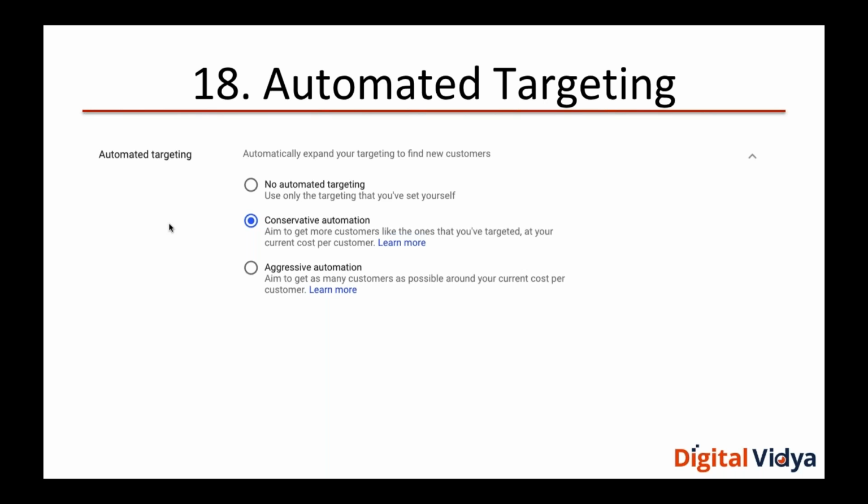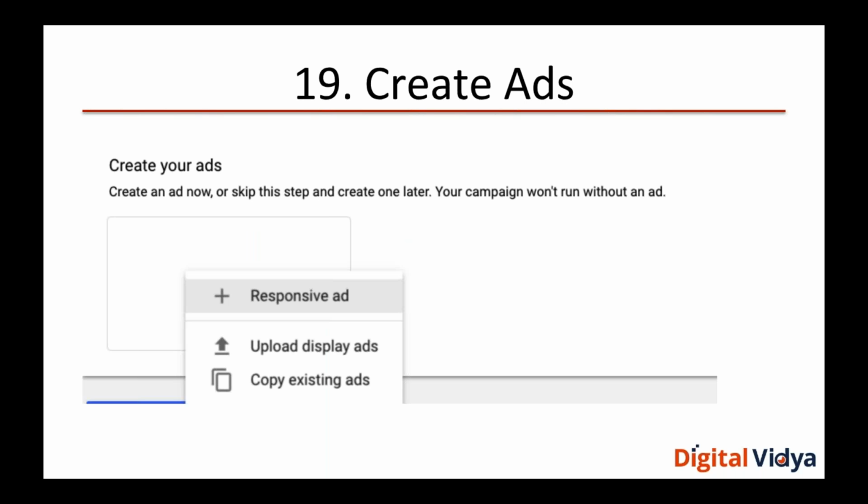So if you select conservative automation, the AdWords system will try to get more customers like the ones I have already targeted without increasing the cost per customer, which means basically cost per conversion. So if you want, you can select conservative or aggressive, or if you don't want, you can select no automated targeting. You just want to trigger ads as per what you have set.